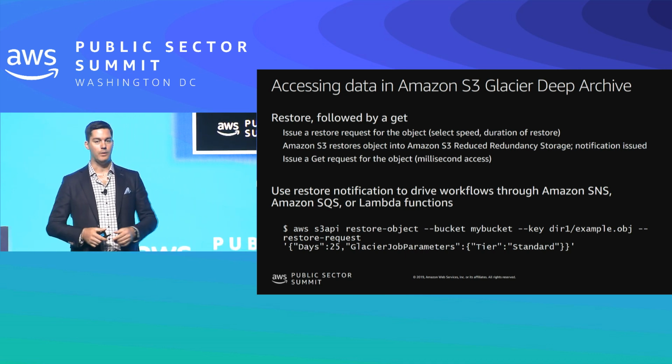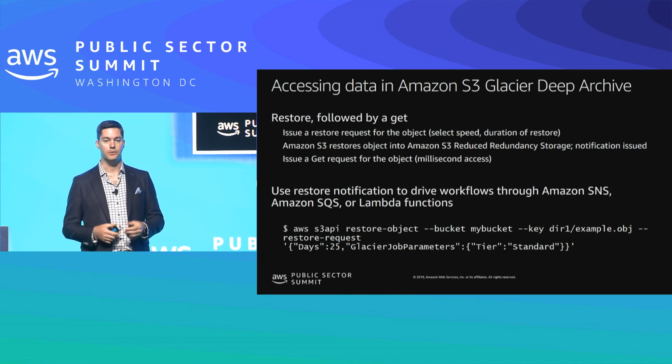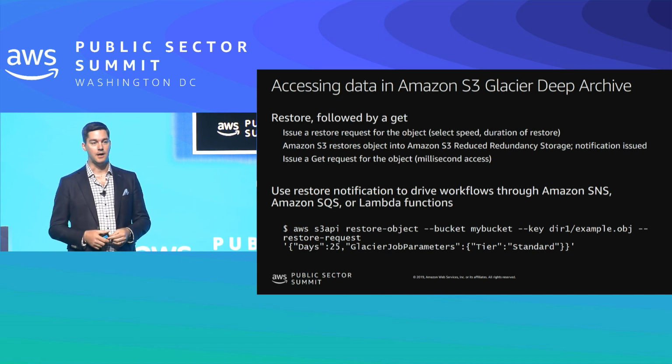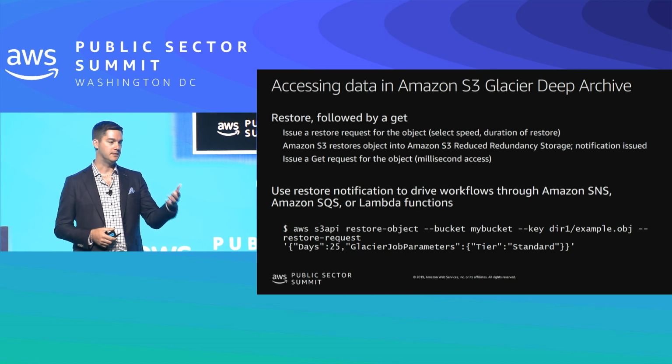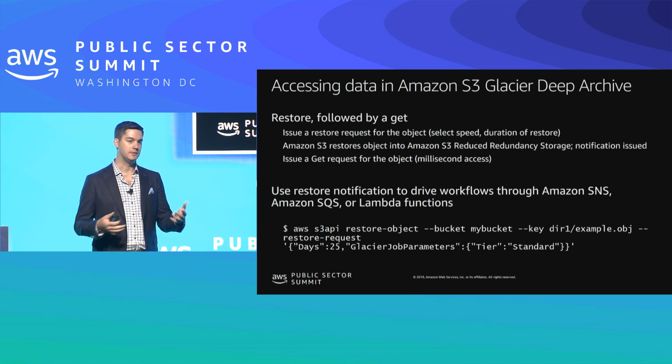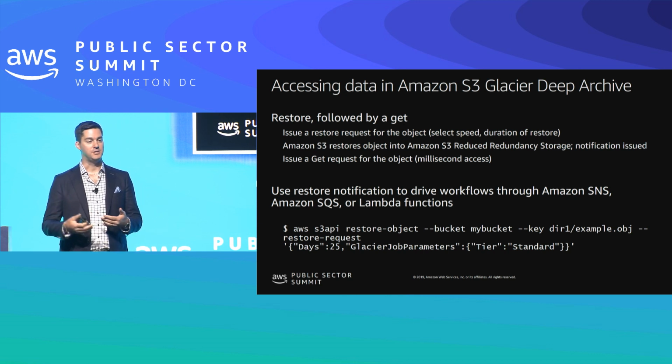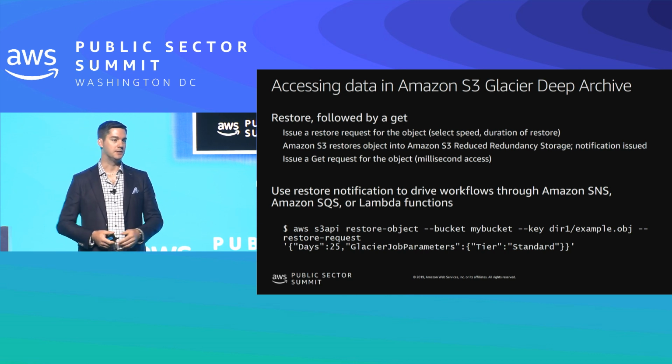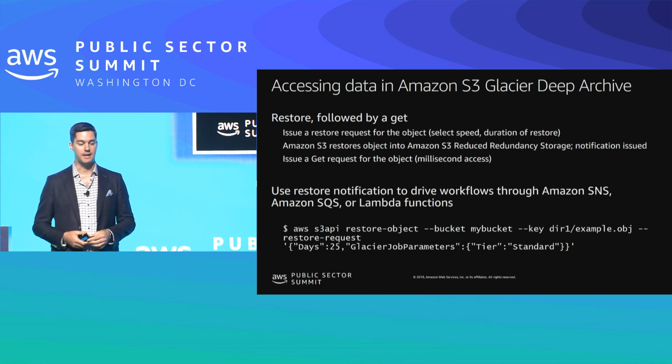And whether that tells your team or your application that the object is there for a get to be issued or processing to begin, or you automatically build some logic on top of that, it allows you to dehumanize the effort of managing those times, polling to check the status or anything like that.